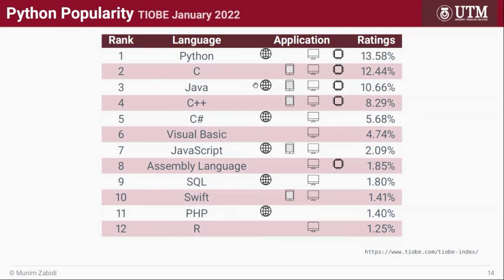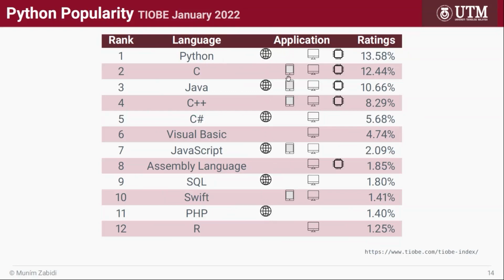If you look at the third column, I have the application column. Application here is for differentiating the applications of where a certain language is used. The globe here is for web development. So Python is used for web development as well as Java, C Sharp, JavaScript, SQL, and so on.